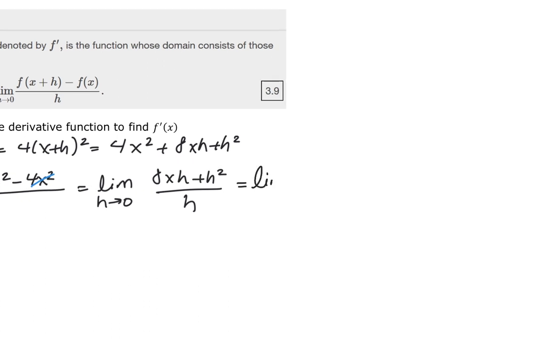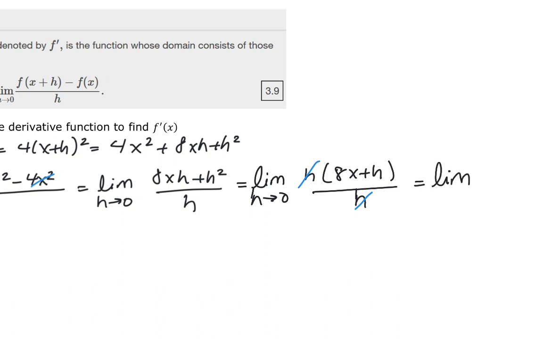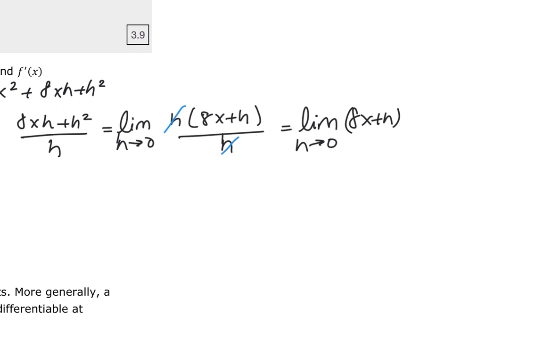So we have the limit as h approaches 0 of h out of the numerator, leaving me 8x plus h, all over h. Those h's will cancel, leaving me the limit as h approaches 0 of 8x plus h. Now we can do a direct substitution for h, and we get 8x.